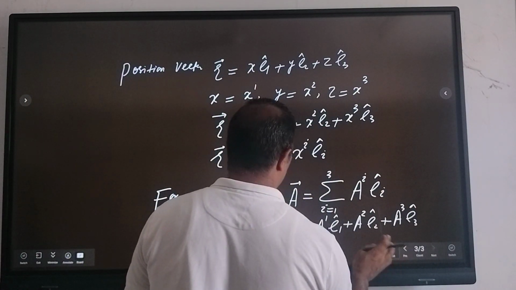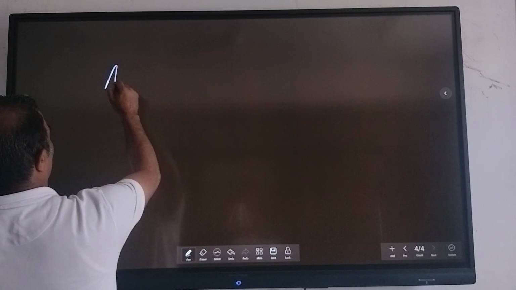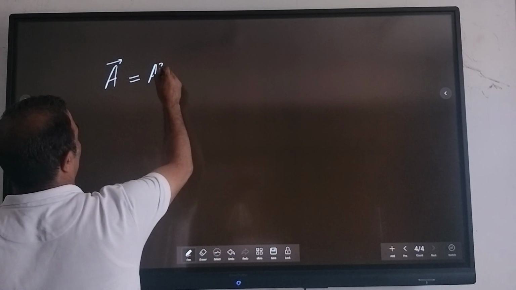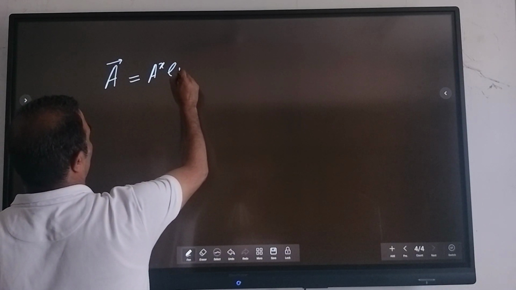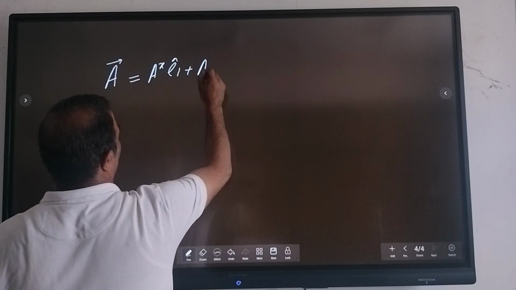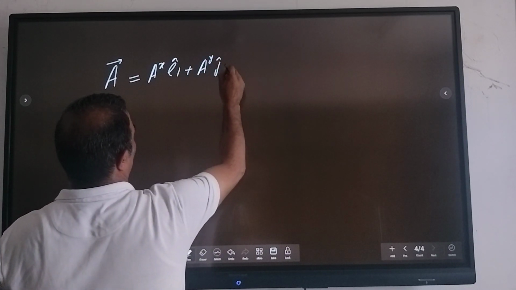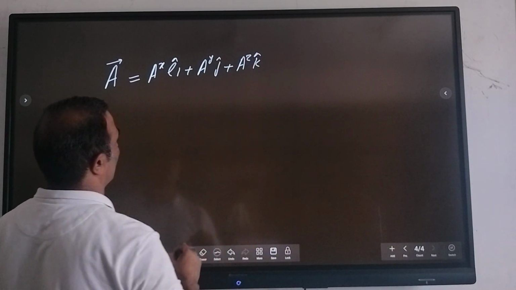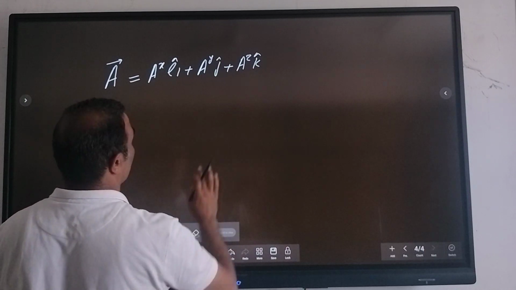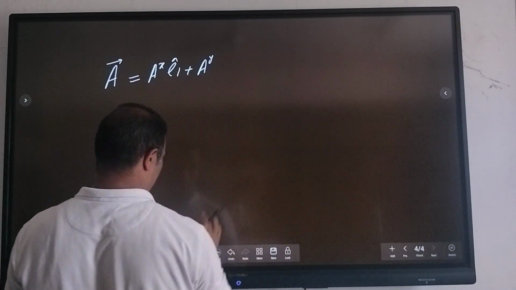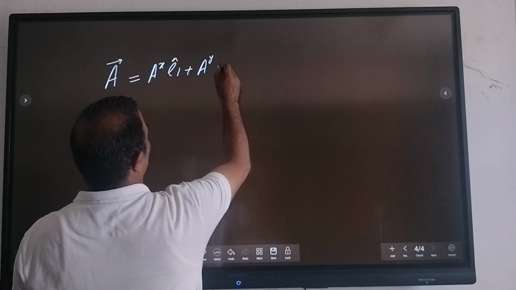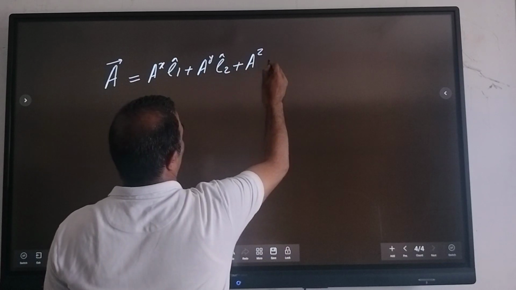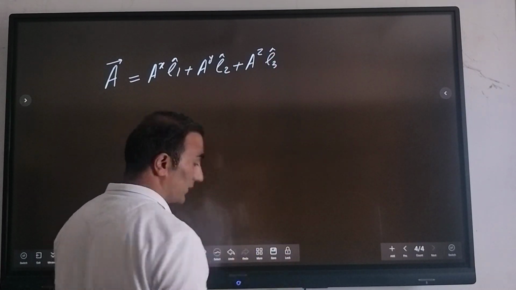Or you can write this as our A vector will be equal to. So this is how you can write a vector.